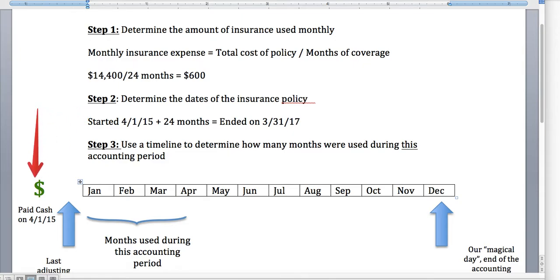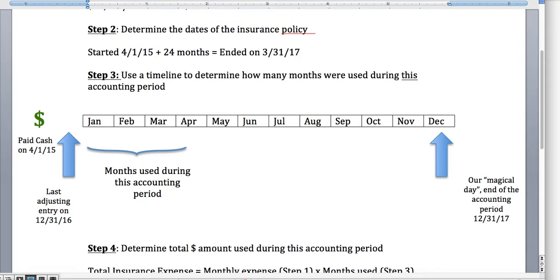And they also tell us that the company has already recorded all of the adjusting entries for all the previous years. So that means the last adjusting entry that was recorded was on, sorry, I can't get my little arrows to work here.